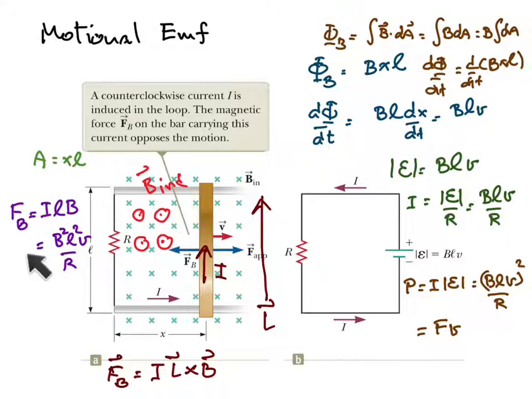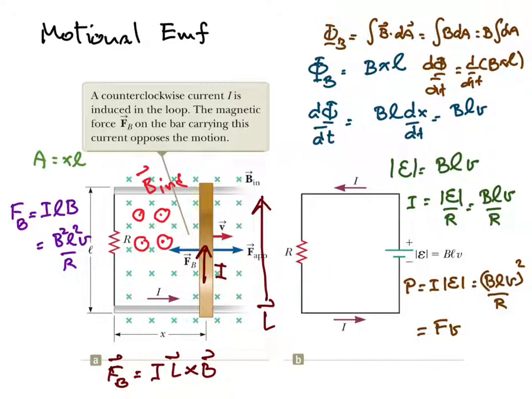So we have FB is equal to B squared L squared V over R. So this is the consequence of the motional EMF. That is, when the loop changes its size, or the boundary of the loop changes, we can induce the EMF in the loop.